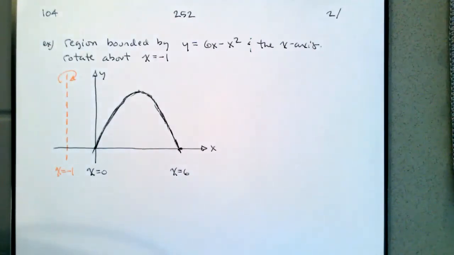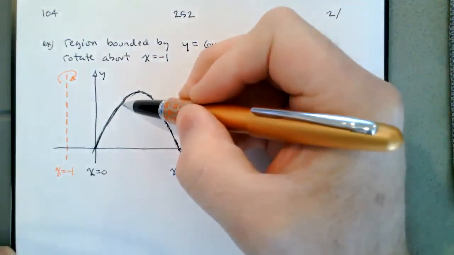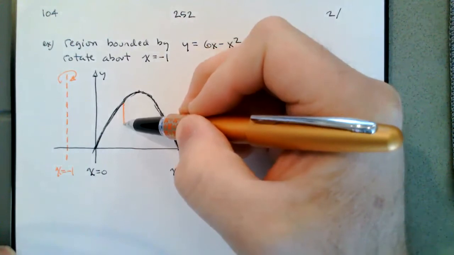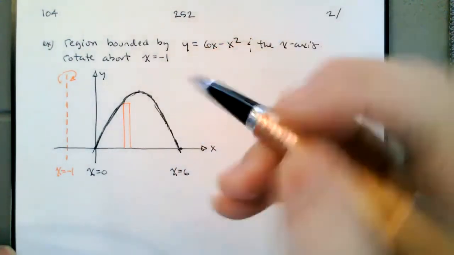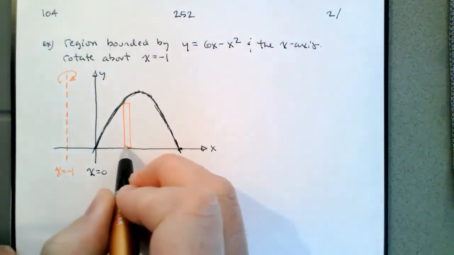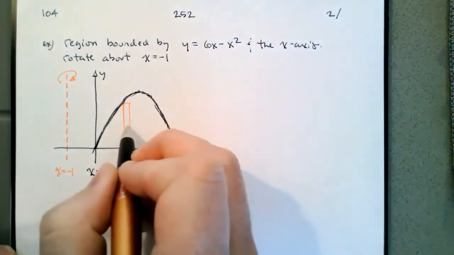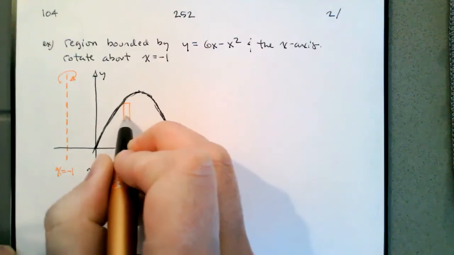All right, so let's start by making a vertical slice. And then we'll do the problem again by making a horizontal slice, and we're going to see why a horizontal slice is going to be trouble. So if I make a vertical slice, we're going to slice parallel to the axis of rotation. So we're slicing delta x.